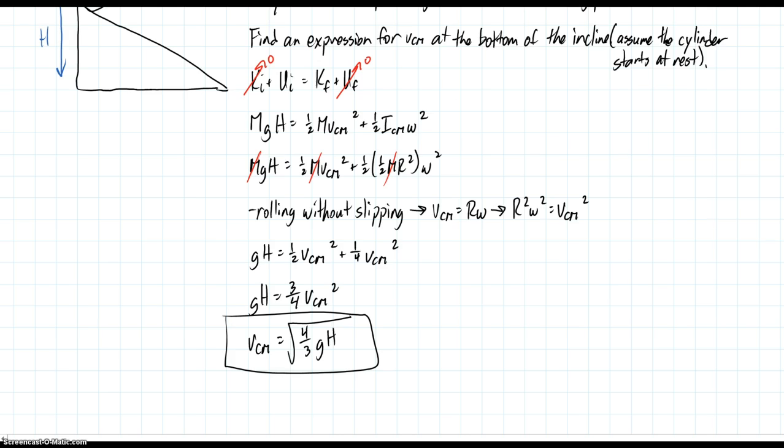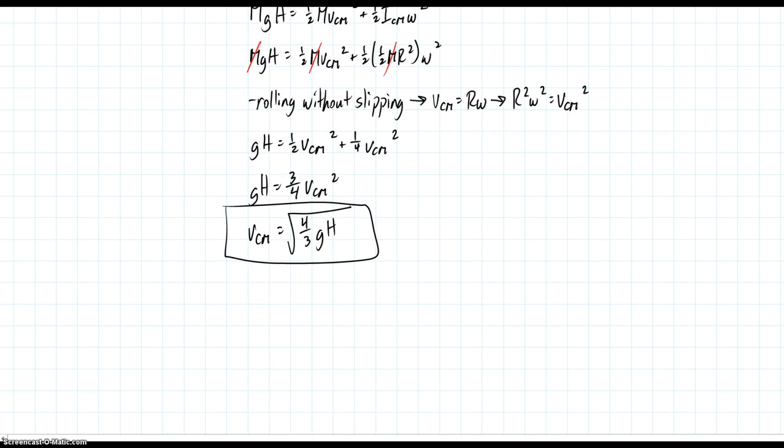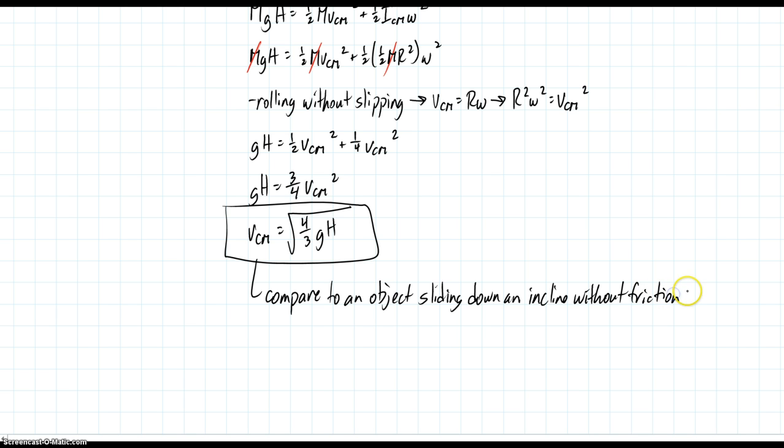And you may remember from earlier in the year, for an object just sliding down an incline without friction, the speed equals the square root of 2gh.